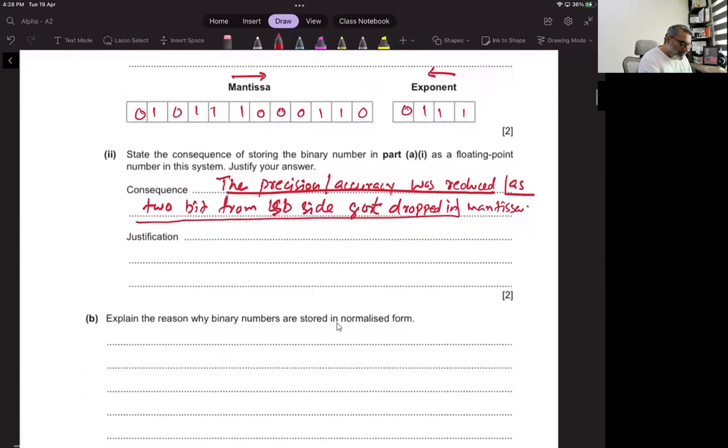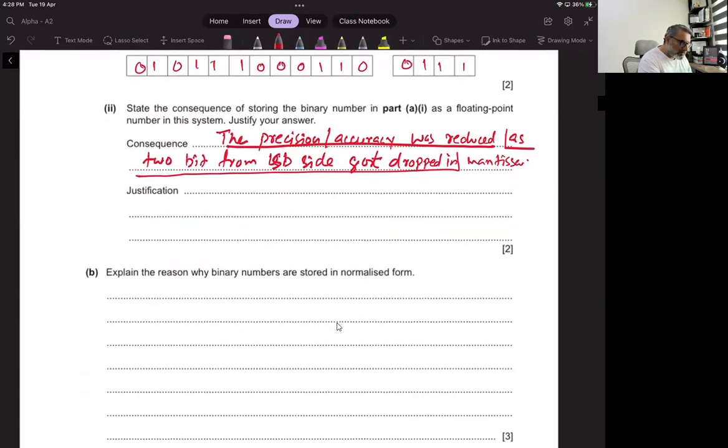Explain the reason why binary numbers are stored in normalized form. Why do we normalize? So that we may have as many bits in the mantissa as possible, because mostly the overflow issue does not occur with exponent, rather it mostly occurs with mantissa.